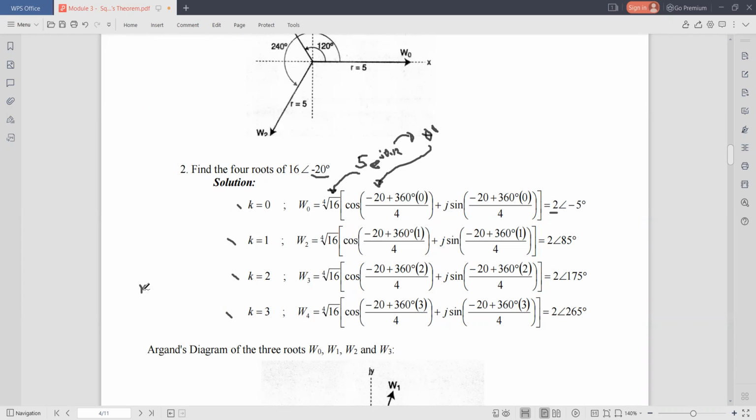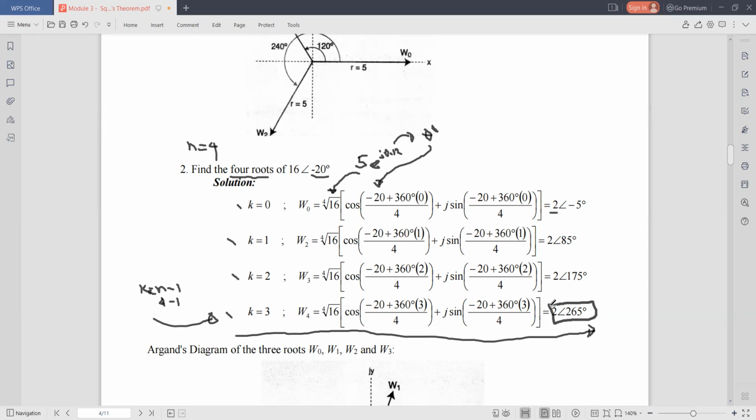Take note that your k here is equals to n minus 1. Since this is the fourth root, your n is equals to 4, so your final k should be 4 minus 1, or k equals 3. So this is your fourth root. So your final answer will be this.